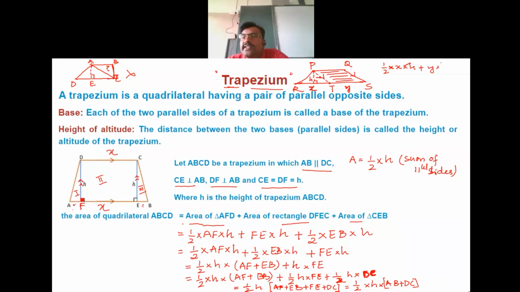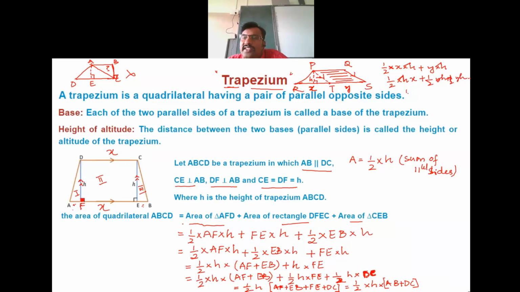H into Y. Very good. Now there is half H common. No, half H is not common. Sorry, H is common. Instead of this YH, I can write half YH plus half YH.